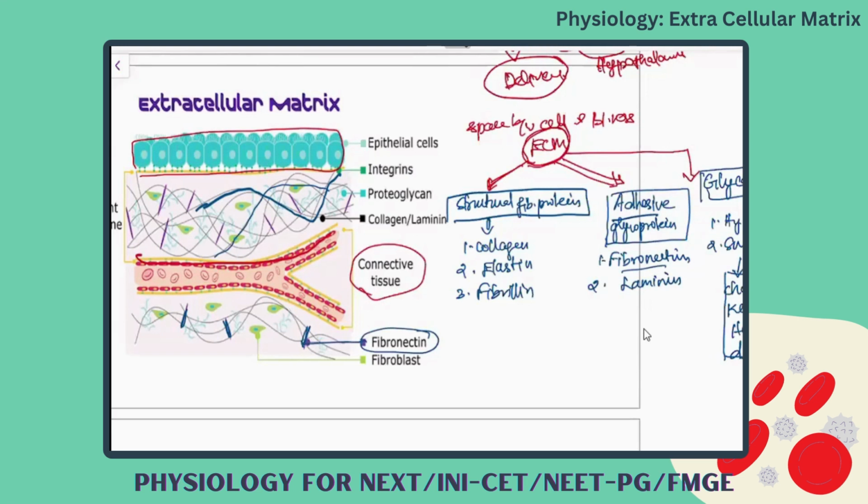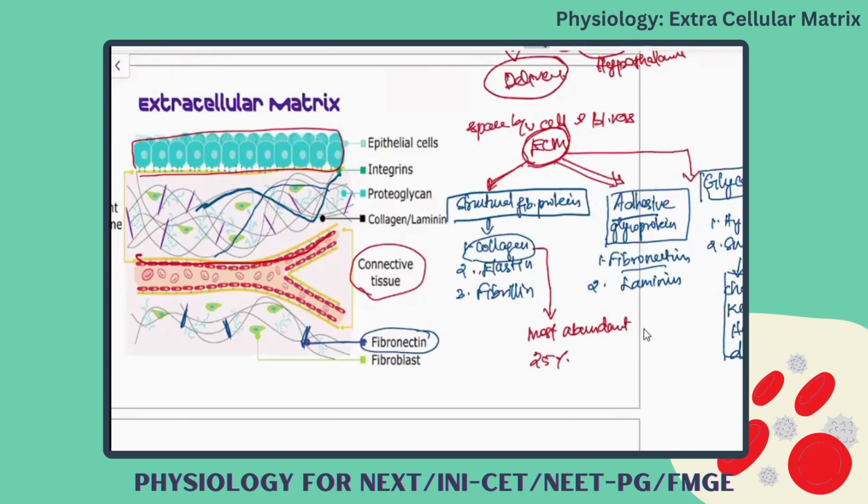Now we will see about the collagen. Collagen is the most abundant protein present in the animal extracellular matrix, and it constitutes nearly 25% of the proteins in the extracellular matrix. Collagen plays a major role in maintaining the extracellular matrix.